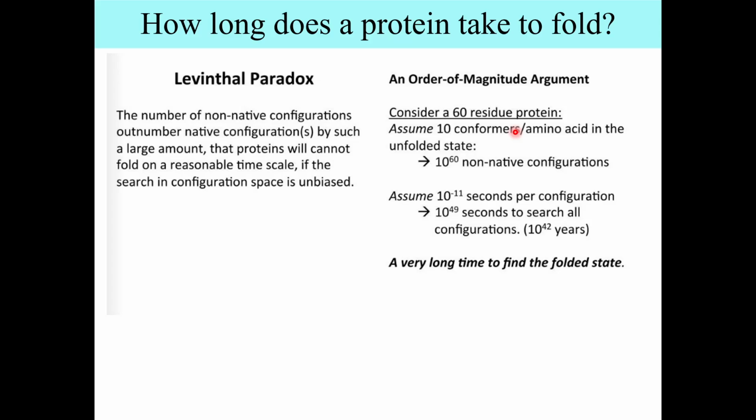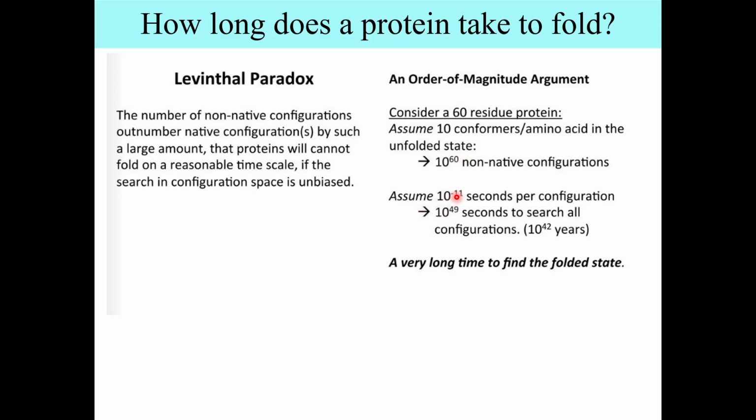Every amino acid, depending upon the number of bonds present in it, can have a different number of rotamers. Okay, so let's say there are 60 amino acids and every amino acid can have 10 conformations. Then the total number is 10 to the power 60, correct?